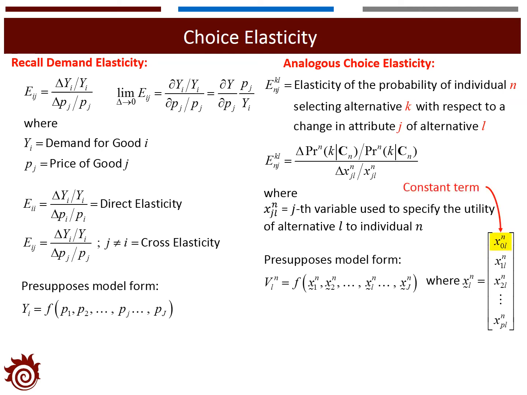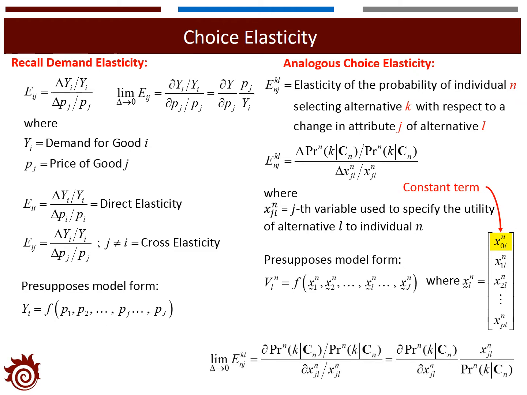Usually we specify that the first term in this vector is a constant, that is 0 or 1 in our definition. If the changes of the probability and the attribute are small enough, similarly we can apply the first order partial differentiation to define the choice elasticity.